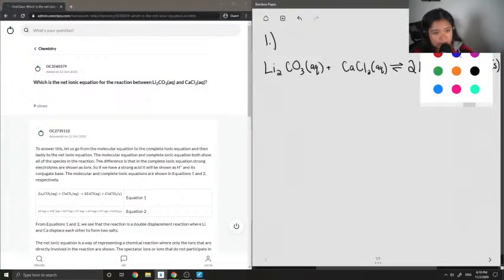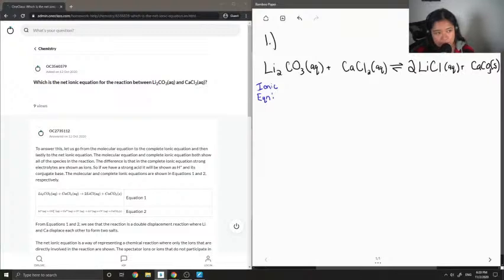After we write down the full equation, we are going to write down the ionic equation. Basically what that means is that we separate all of the compounds that are aqueous into their ions, and we make sure that everything is balanced.